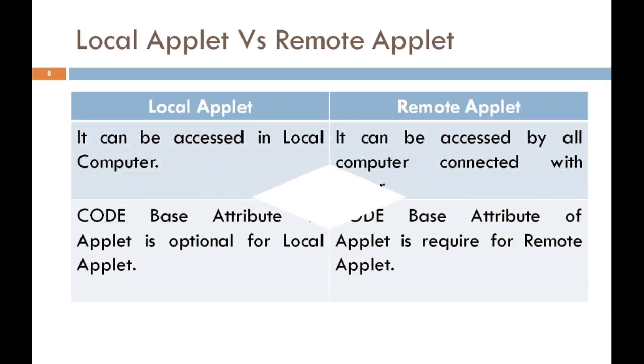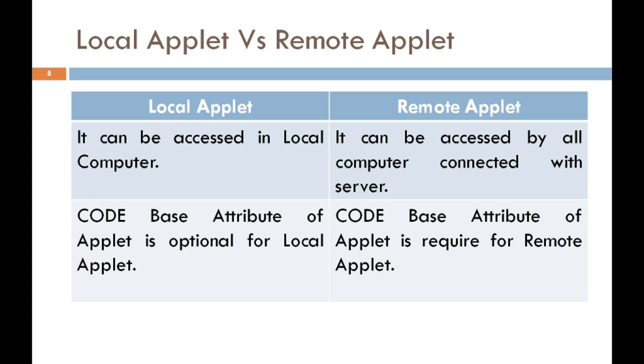Now, the next difference between local applet and remote applet is that a local applet can be accessed in a local computer, while a remote applet can be accessed by all computers connected with the server. Codebase attribute of applet is optional for the local applet. That means codebase attributes are not used or are not specified in a local applet.